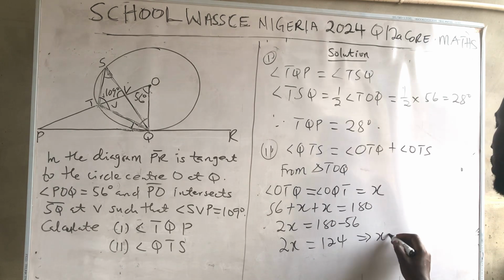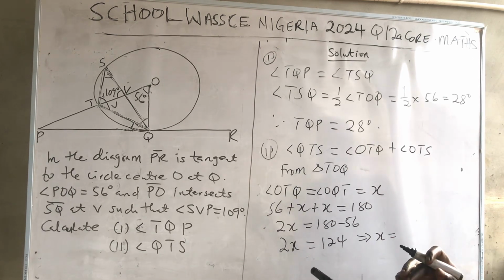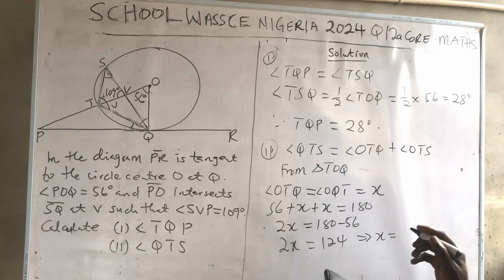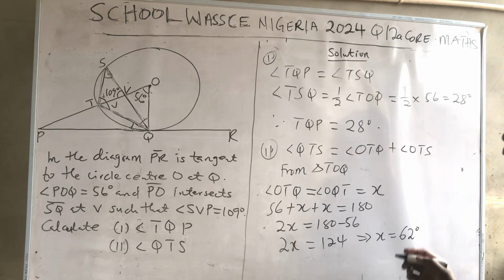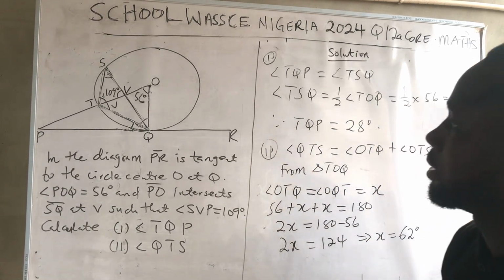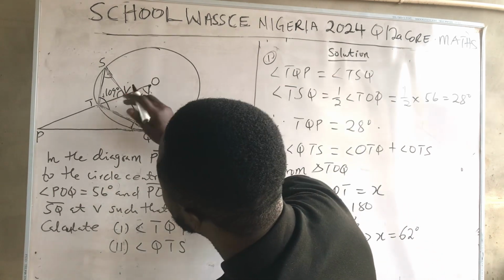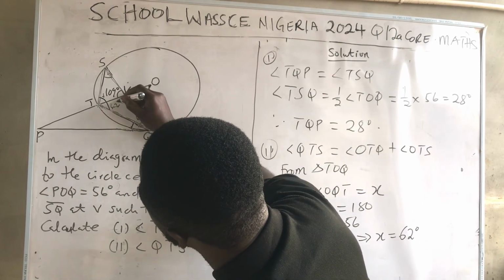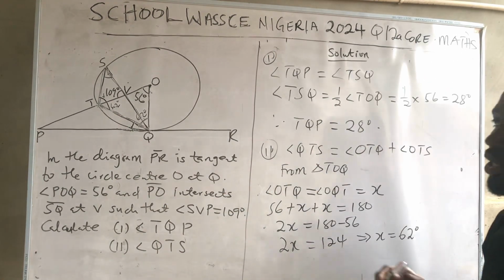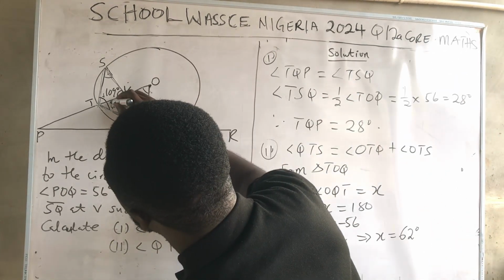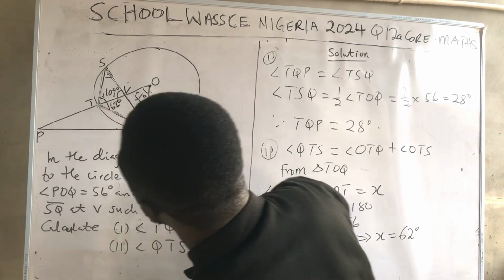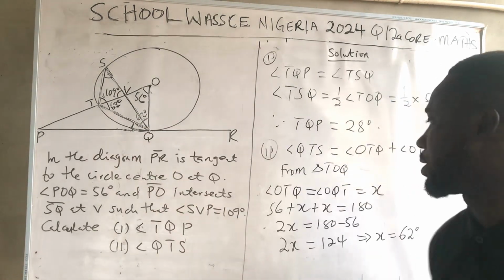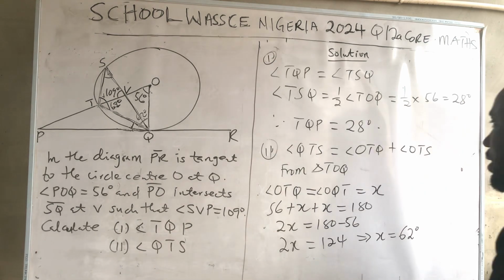Therefore, x will be 124 divided by 2, which gives us 62 degrees. So the angle here is 62 and the angle here is also 62. So 62 plus 62 plus 56 will give us 180 degrees.